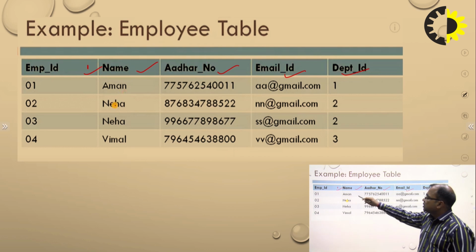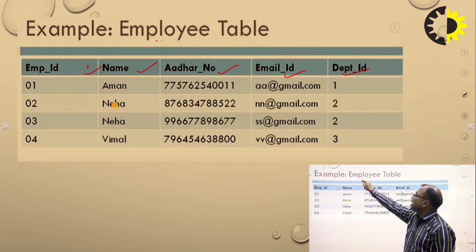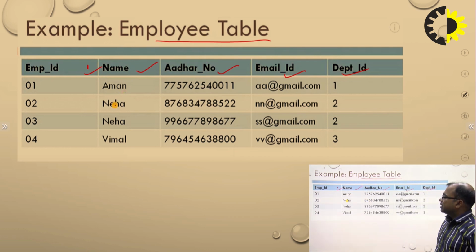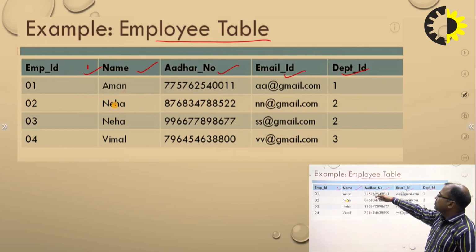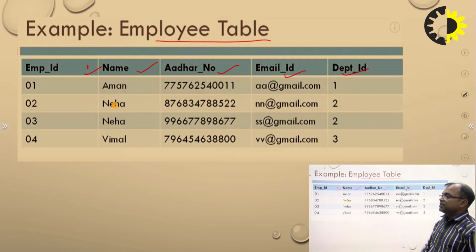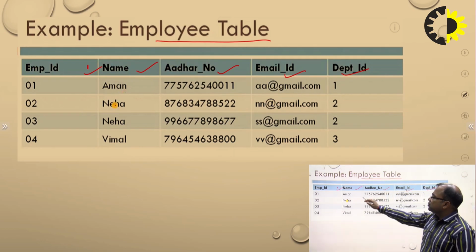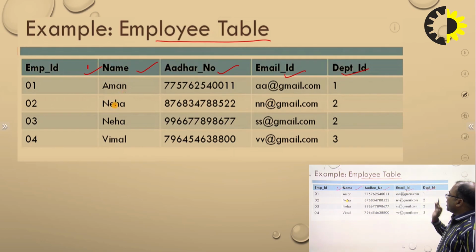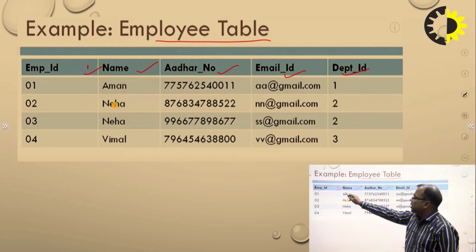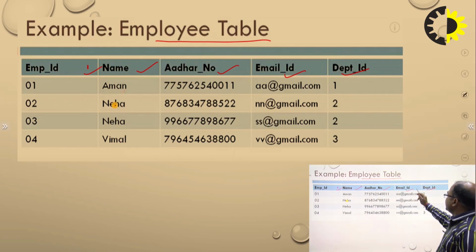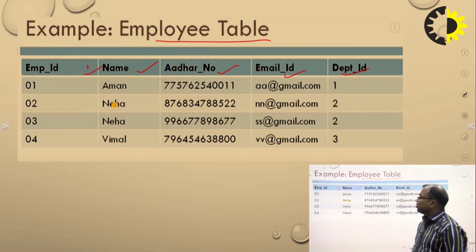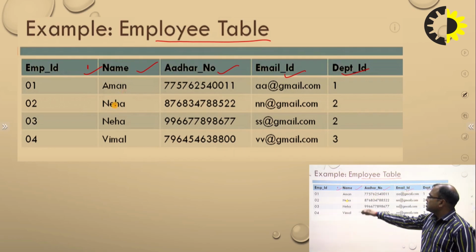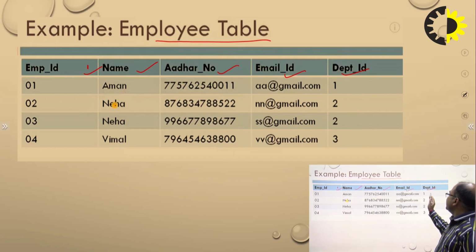In an ER diagram it is an entity with attributes, but in a table it is an employee table with 5 attributes: email ID, name, Aadhaar number, employee ID and department ID. We can have employee IDs like 1, 2, 3, 4 and so on, with a name, Aadhaar number, email ID and department ID.